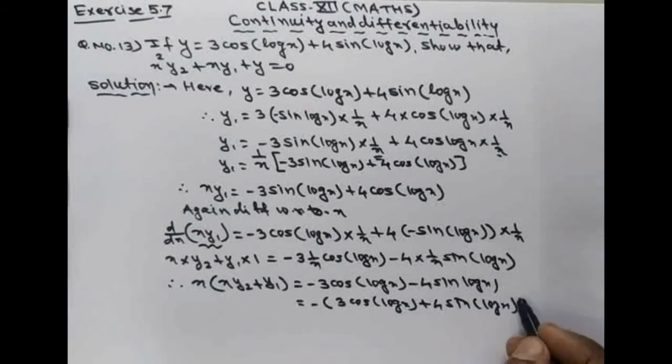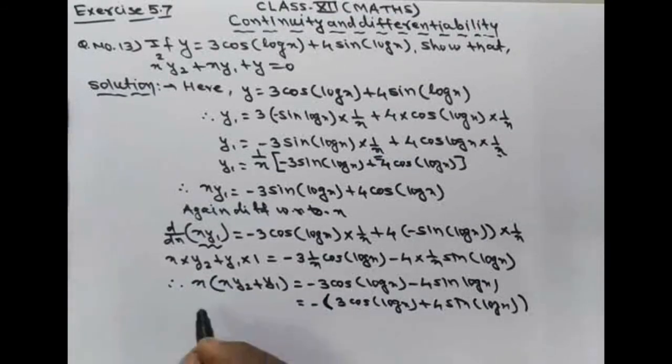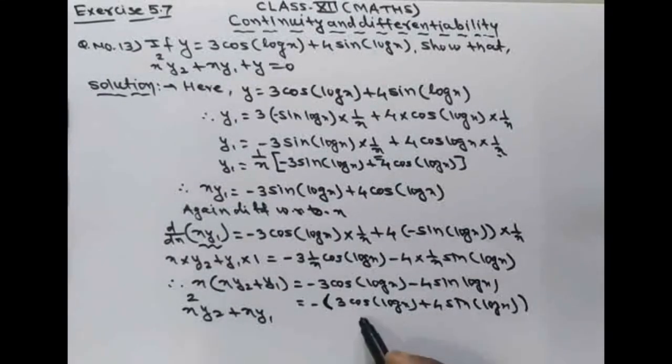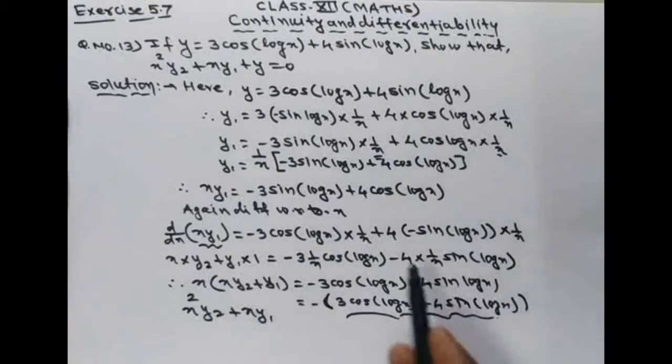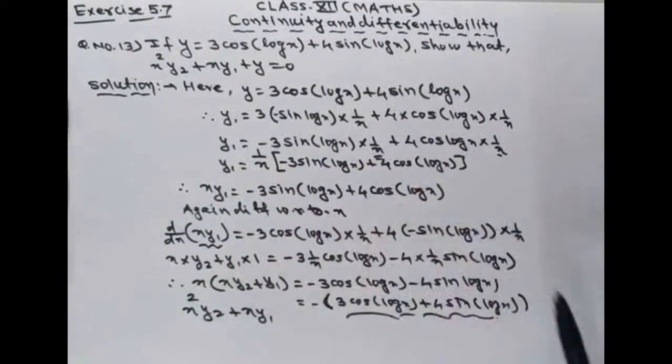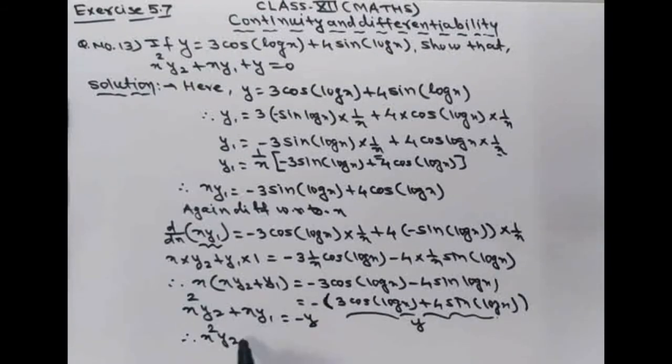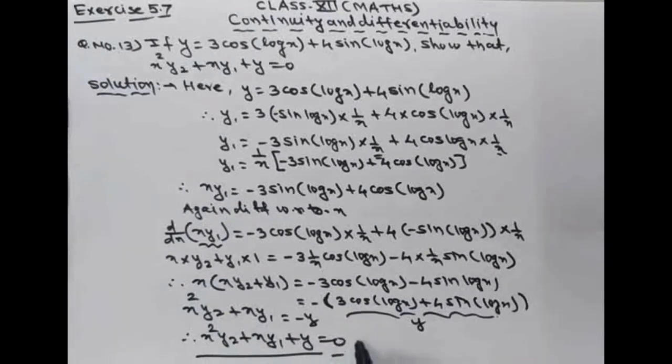So this x into x y2 will be x square y2 plus x y1. Now you see, this is your y, 3 cos of log x plus 4 sin log x. So this equals minus y. Therefore x square y2 plus x y1 plus y equals 0. This is the answer.